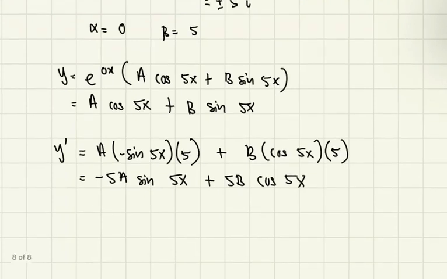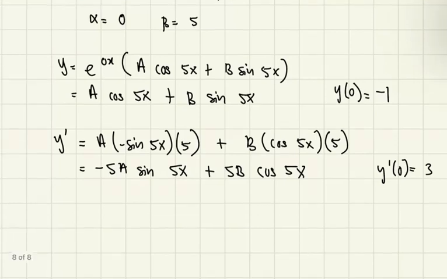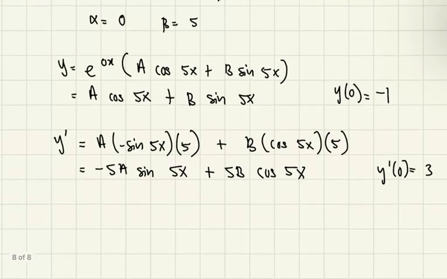Substitute the initial condition. So here initial condition y of 0 equal to minus 1. Y prime of 0 equal to 3. So from the first one, y of 0 equal to minus 1.